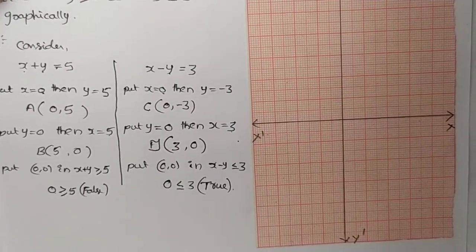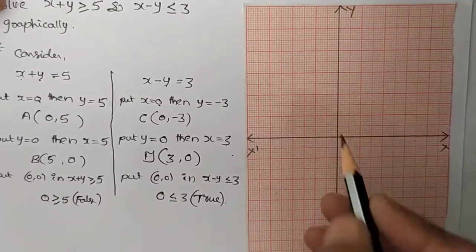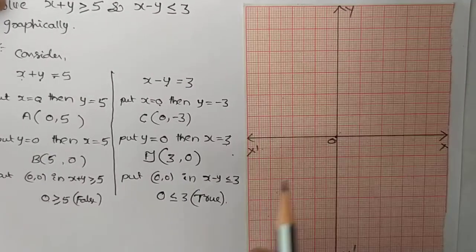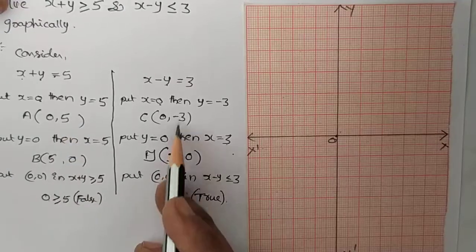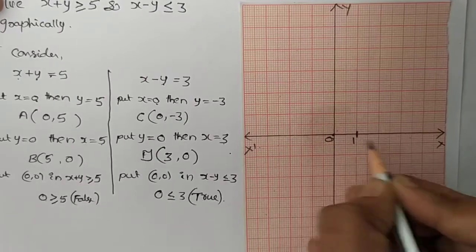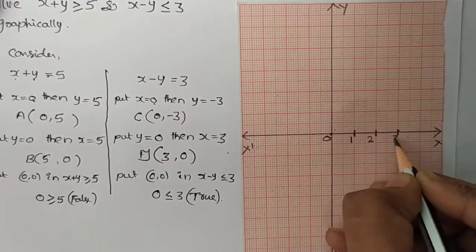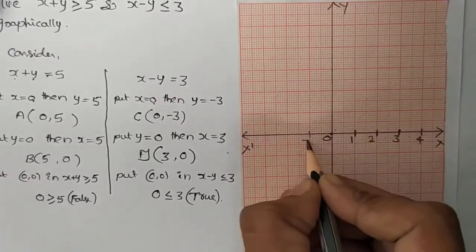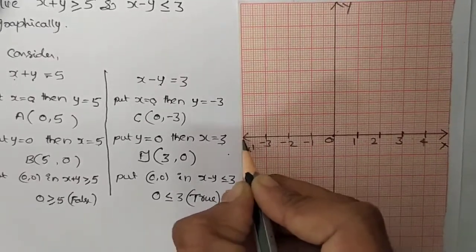Now take a graph. It is the origin, 0. X maximum is 5. Let us take the values on the x-axis: 1, 2, 3, 4, 5, and negative values: minus 1, minus 2, minus 3, minus 4.